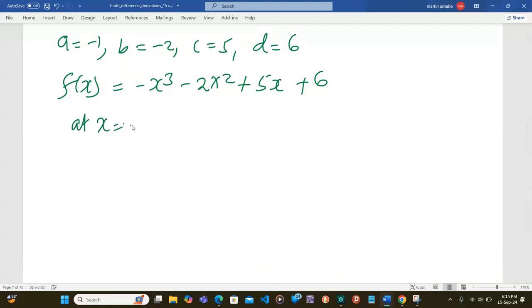So we have minus 2 power 3, then minus 2 times 4, then plus 5 into negative 2, then plus 6.